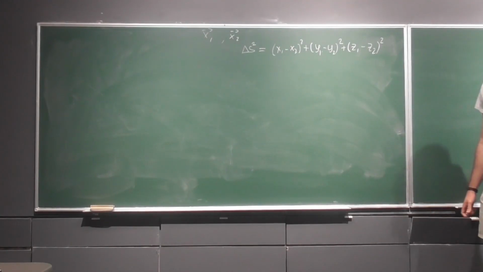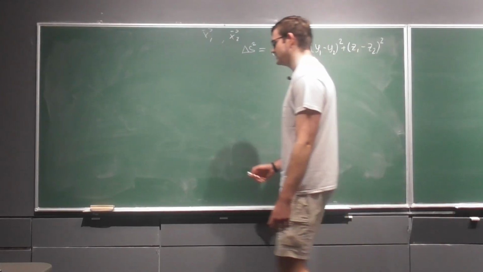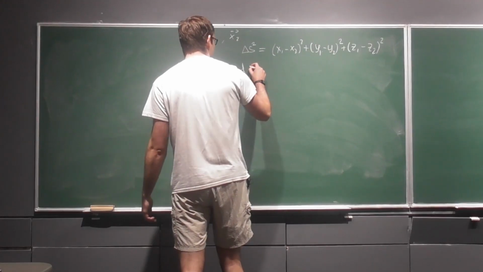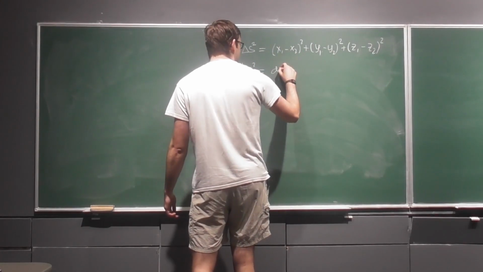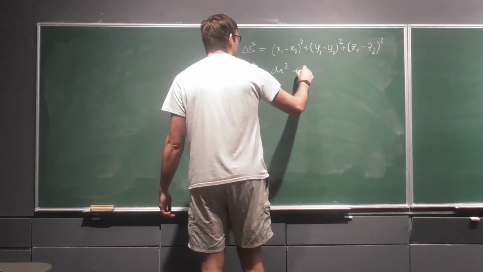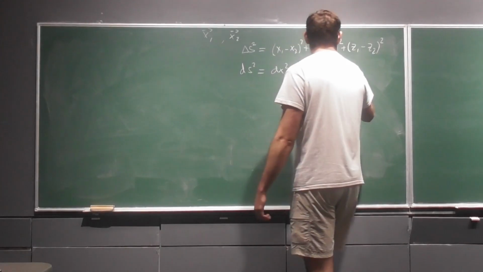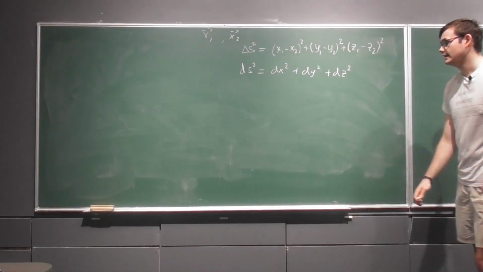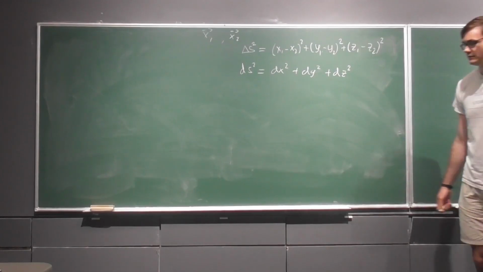If I want to find the infinitesimal distance between 2 points that are just infinitesimally separated, I can send this to a differential quantity. So this will become ds squared equals dx squared plus dy squared plus dz squared. Now, in a linear algebra way, I can write this as follows.